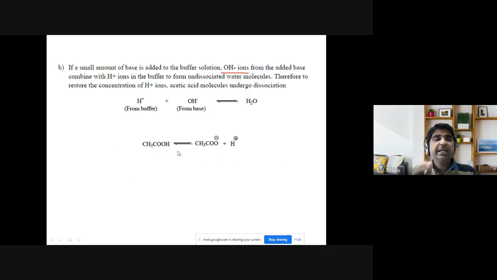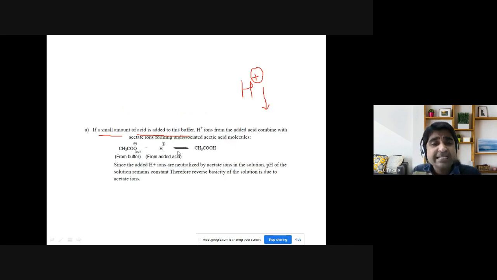So for an acidic buffer, if we add some acid, the H plus ions from the acid will combine with the acetate ions, which are large in number because of the dissociation of sodium acetate. They will form undissociated acetic acid molecules, and therefore the pH of the solution will not change.